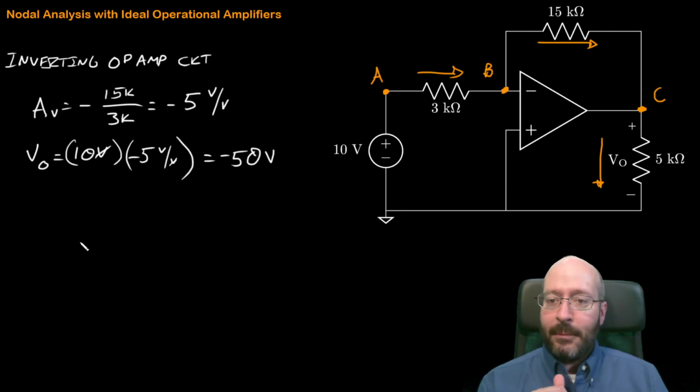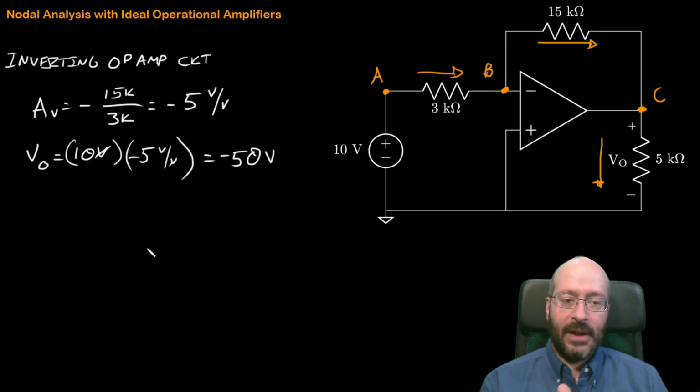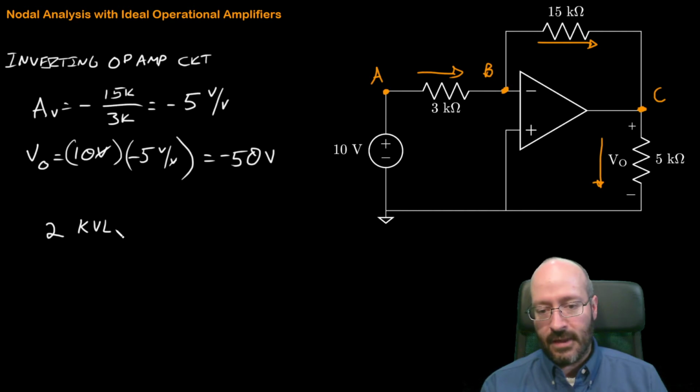All right, so when I make my plan, I usually start off with nodal analysis. I say how many voltage supplies, and well, we have one. Now we're going to say how many op amps as well. Okay, so how many voltage supplies and op amps. I count one voltage supply and one op amp, and that's going to force me to write 2 KVLs.